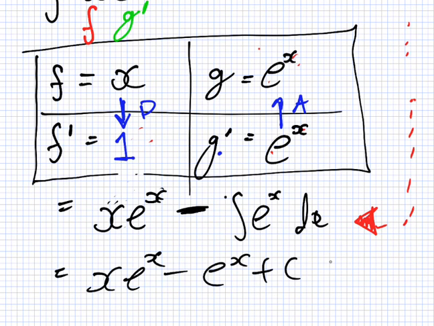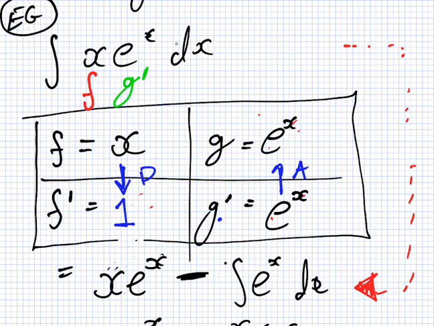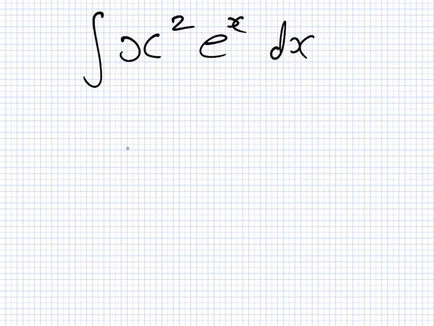Okay, can I scroll down? So let's do x squared ex. I'll make sure I get the order right. This is f, and then this is g derivative.